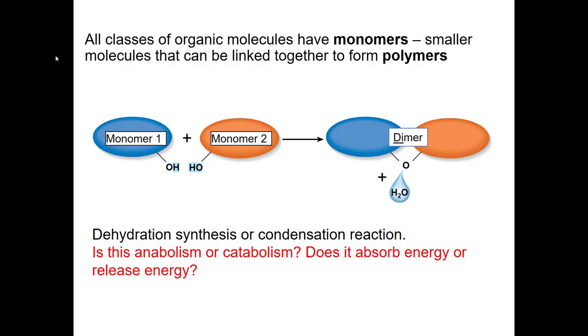And then, is it going to absorb energy or release energy? Yeah, it's going to absorb energy, which is just another way of saying it's requiring some energy from some other source to actually happen. So this is anabolism because it's building up a macromolecule, and that means it's absorbing energy because anabolism is always absorbing or requiring energy.